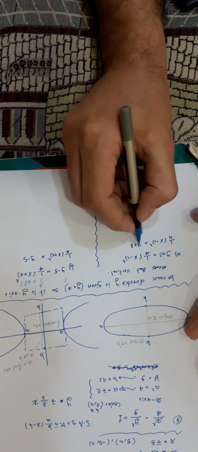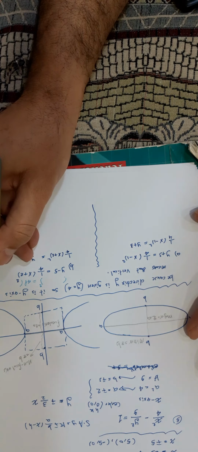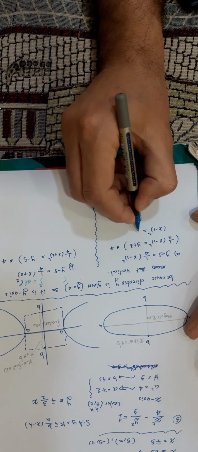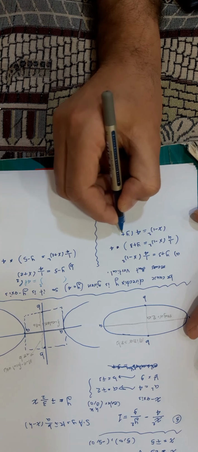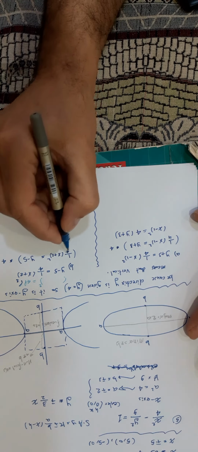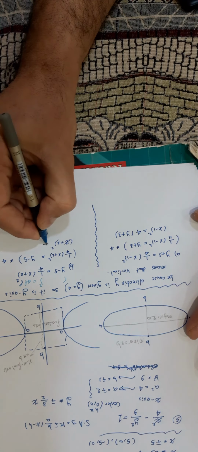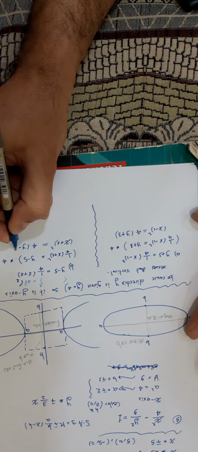Both are multiplied by 4, the same way. So 4 cancels, equal to (x minus 1) power 2, and 4 times this is equal to 4y plus 3. 4 cancels, equal to (x plus 2) power 2, and 4 times (y minus 5).